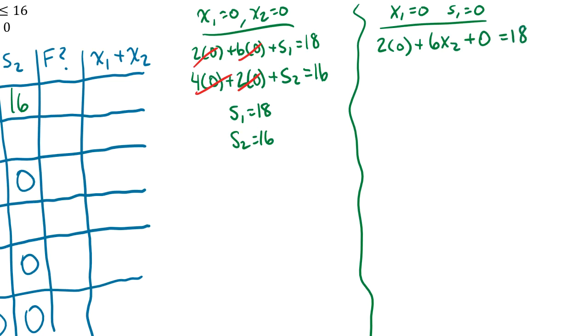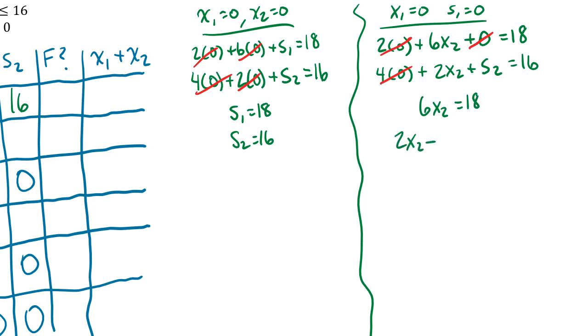And then for the second equation, 4 times 0 plus 2x2 plus s2 equals 16. Get rid of everything with 0. And we have 6x2 equals 18, 2x2 plus s2 equals 16.